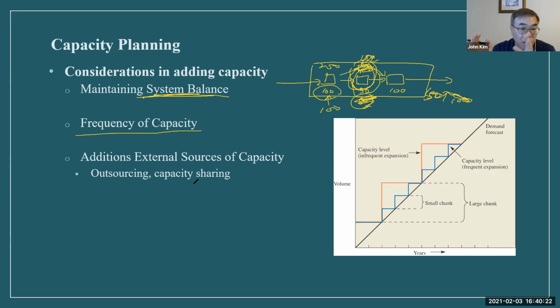A couple of years ago, Hyundai cars demand was high, so Hyundai couldn't make all of them, so they used the Kia plant to produce Hyundai cars. That is capacity sharing. So outsourcing: we don't have the function, so we use others' function. Capacity sharing: we have the function, but short capacity, so we use others' capacity. We go there and produce. That is capacity sharing.